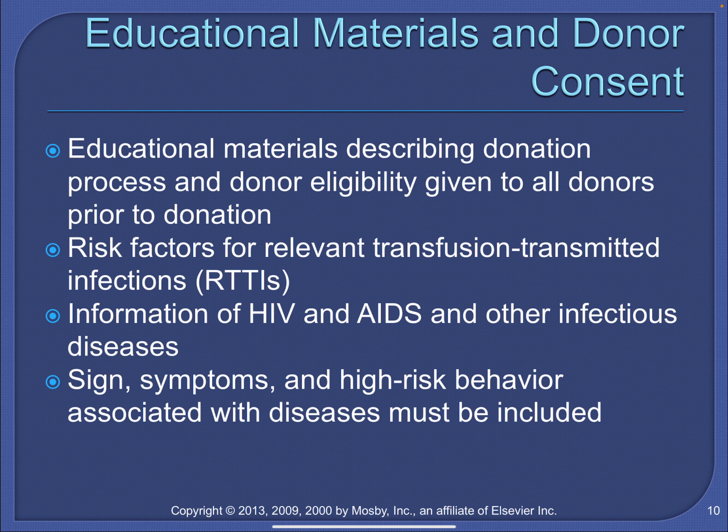Okay. After the registration process is done, we also provide the donors with educational materials, and we get the consent from the donor. So all prospective donors have to read the educational materials, and that describes the donation process and also the donor eligibility. The donor educational materials typically will include the risk factors for relevant transfusion-transmitted infections.